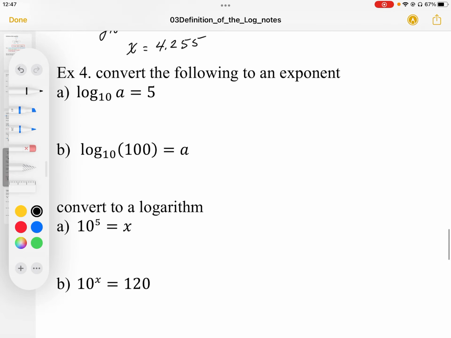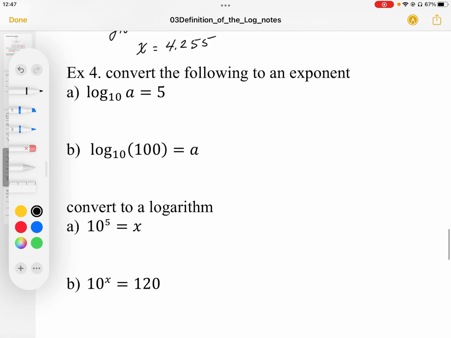For example 4, we're putting these into exponential expressions. So my base, again, my base, my argument, my exponent. I'm going to have base 10, exponent 5 equals the argument a. So a is equal to 10,000.